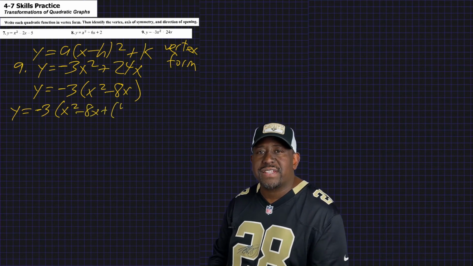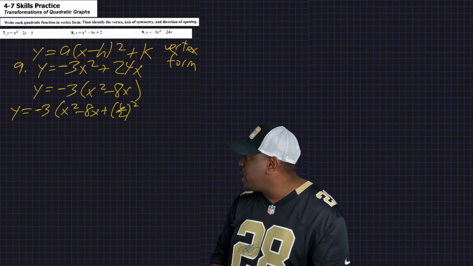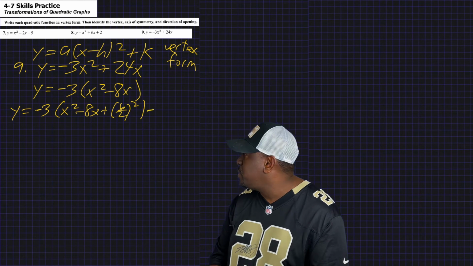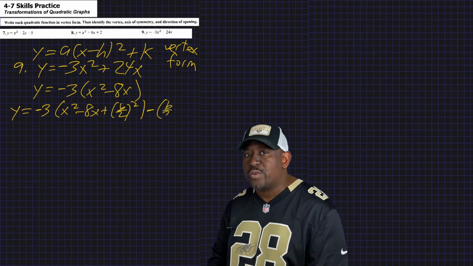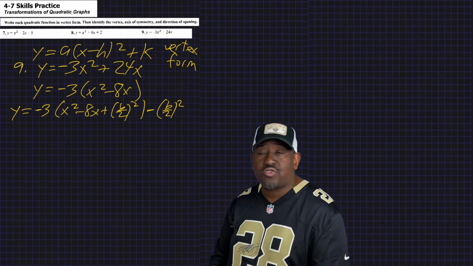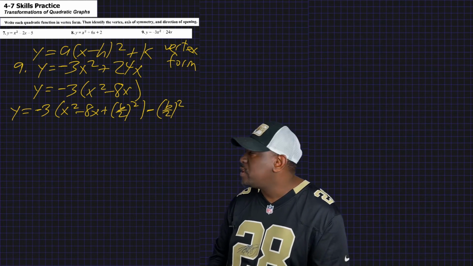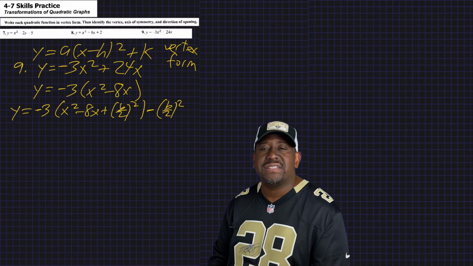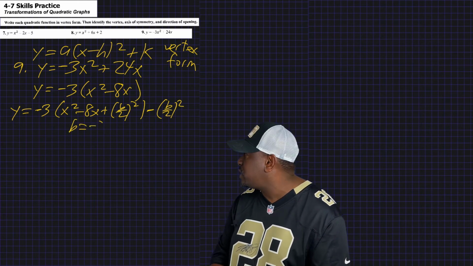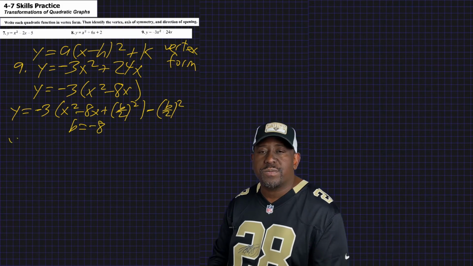Now we're going to complete the square, and we're going to put plus (b over 2) squared, which is our third term. Because we've added (b over 2) squared, we must now, to the right of this, subtract (b over 2) squared. So in our problem, b is equal to negative 8. We will substitute negative 8 for b and complete the square.